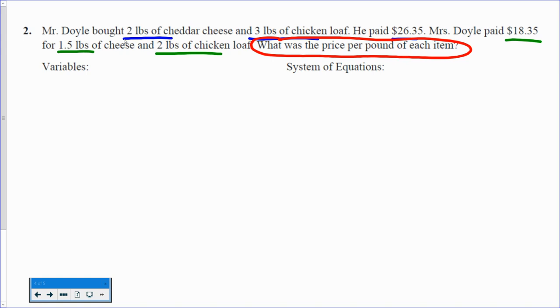But if I use C, and I'm using that to represent cheese, I'm not just going to write C equals cheese because I want to be as specific as possible so it makes sense when I set up my problem. C is the price per pound of cheese.